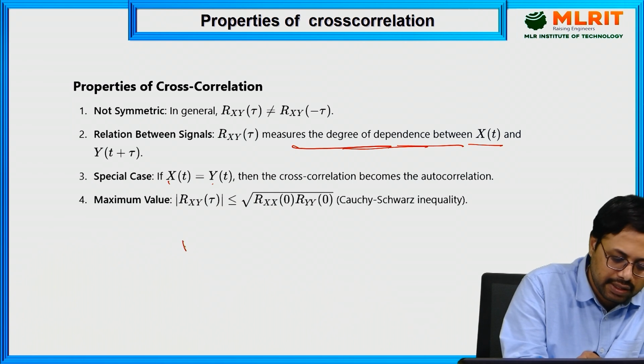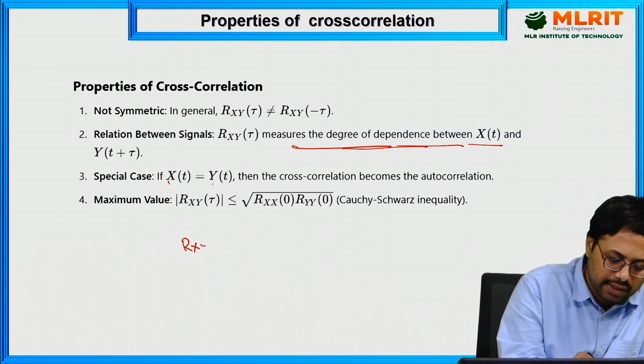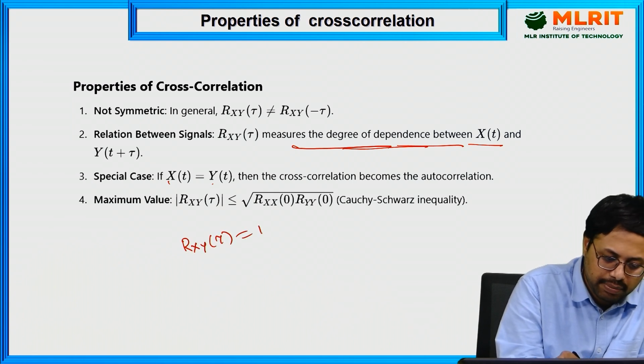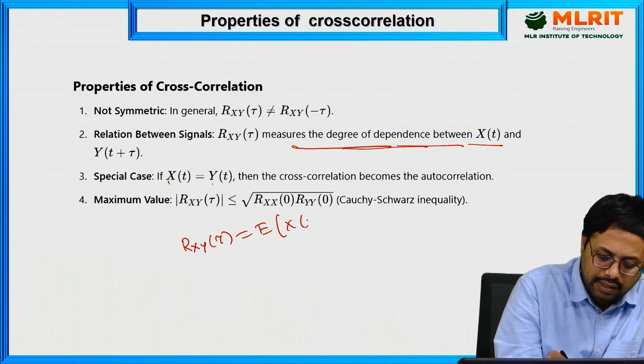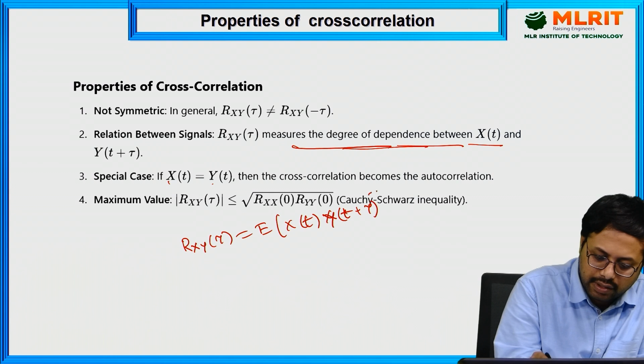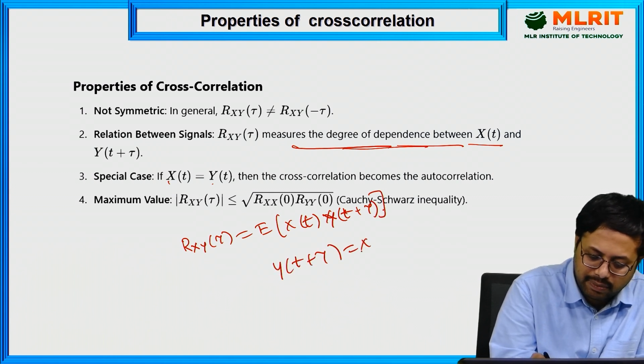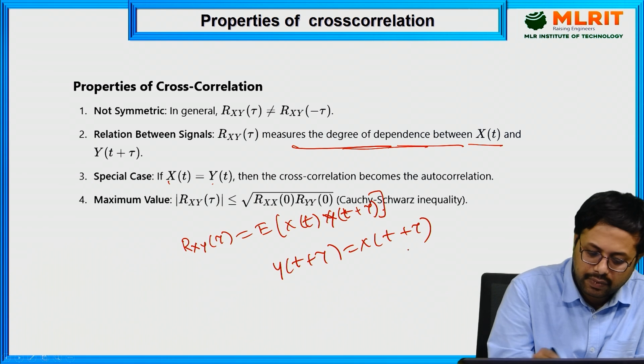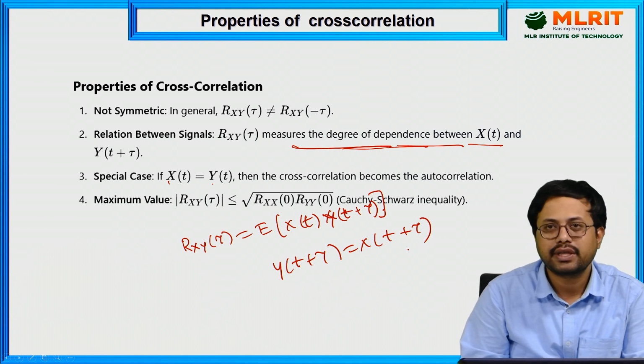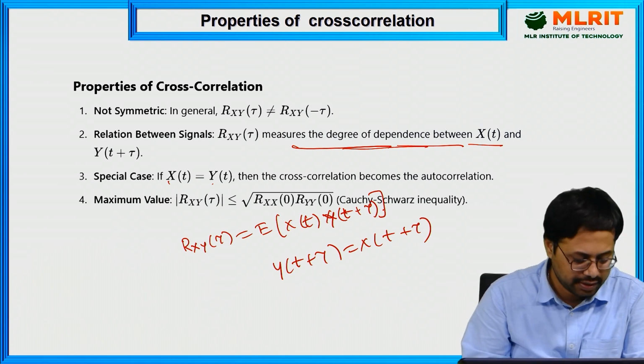If you want, you can check it. R xy of tau is equal to expectation of x of t into y of t plus tau. When y of t plus tau becomes x of t plus tau, then cross-correlation becomes the autocorrelation function.